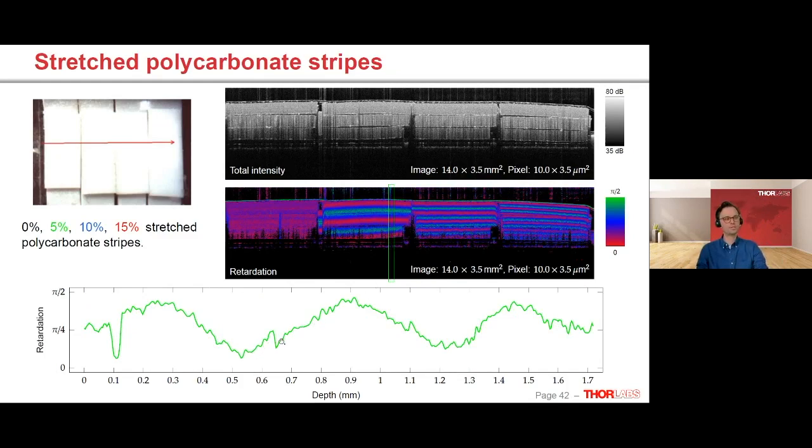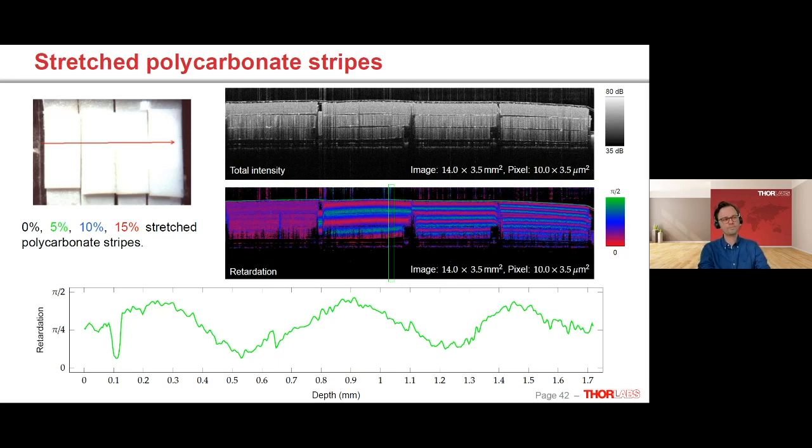So if we're purely talking about the thresholding effect, we, as I said, have a look at the total intensity image, and in this case the threshold was probably set around the lower level that's indicated here, so 35 decibels, and the actual noise floor of the retardation, of course, is by 1/4 of a pi, so represented by blue here, but that's not the case, so we replaced that by black. But I'm not sure if that was the goal of the question.